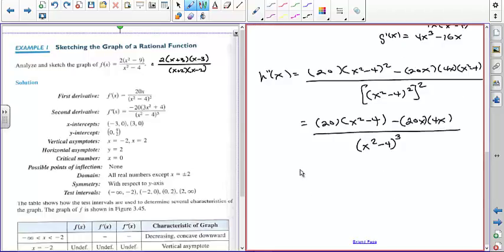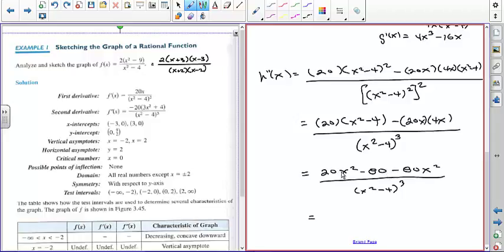And finally, if we clean it up a little bit here, we'll multiply out the numerator, so you get 20x squared minus 80x squared. 20 times 4 is 80. x times x is x squared, all divided by x squared minus 4 cubed.